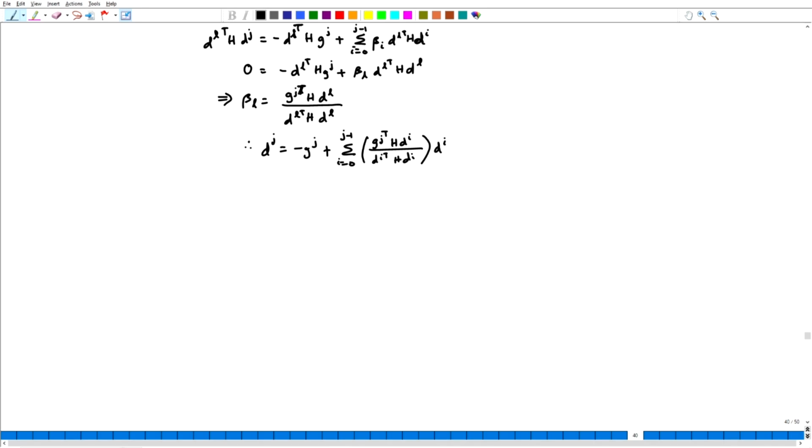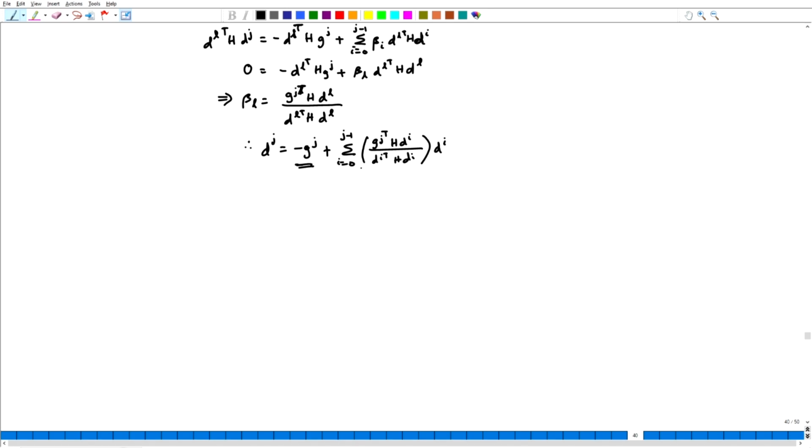Okay. So, you can see that d j is minus g j, which is what we would have chosen if we had used the steepest descent algorithm or the gradient descent algorithm, right.